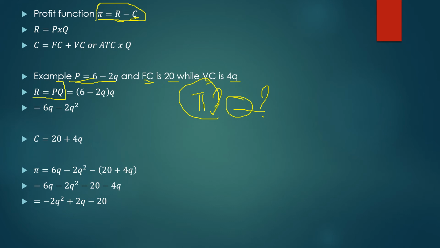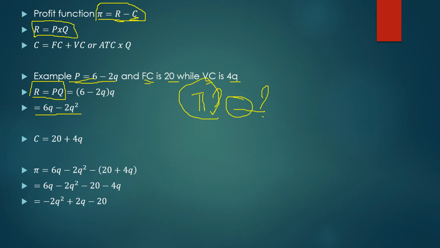The revenue function is just price times the quantity. We have the price, which is 6 minus 2q. Substitute it: 6 minus 2q times q, because according to the formula, R or revenue is price times q. We have the price, but we do not have the q, so just put the q there. And as a result, we have 6q minus 2q squared.